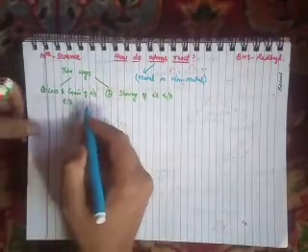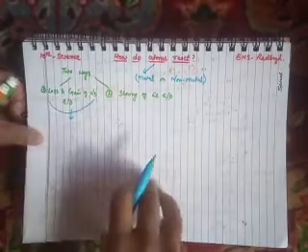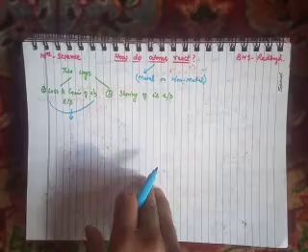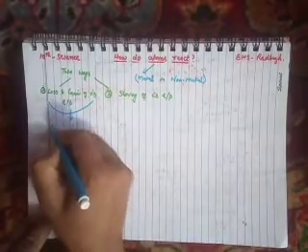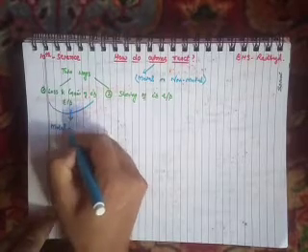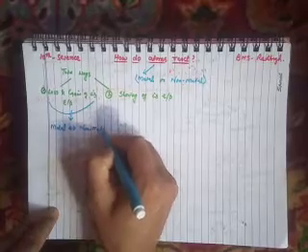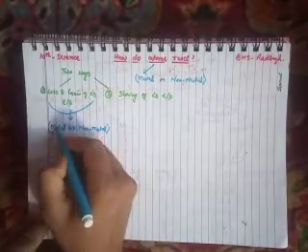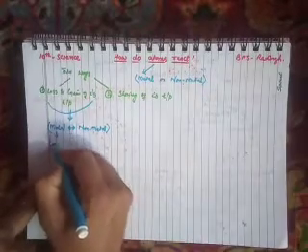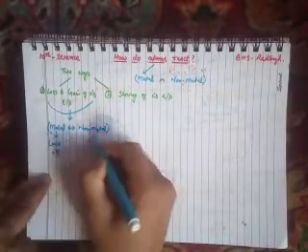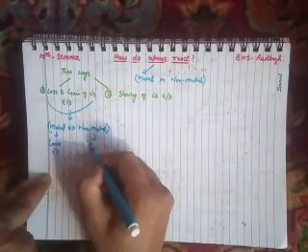So dear students, this mode of combination where loss and gain of electrons takes place, it takes place when a metal combines with a non-metal. Metals, due to their electropositive nature, lose electrons, and non-metals, due to their electronegative nature, gain electrons.